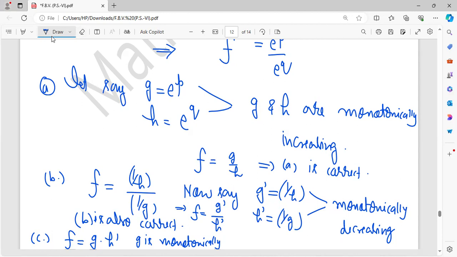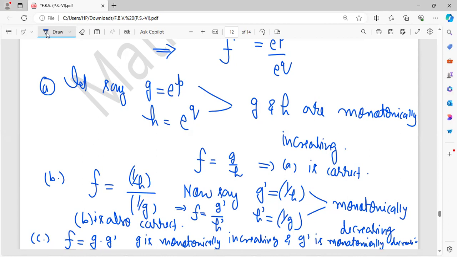Now we move to option C. Now I can write it g into h dash, this is my g and this is g dash. So g is monotonically increasing and g dash is monotonically decreasing.